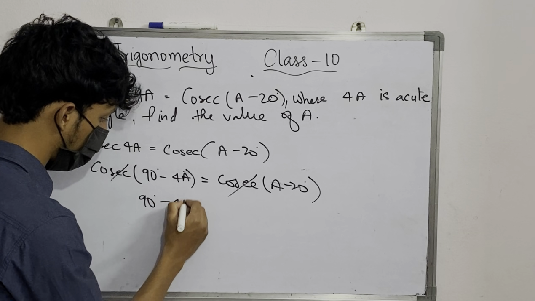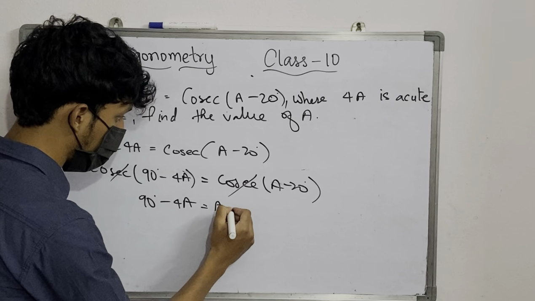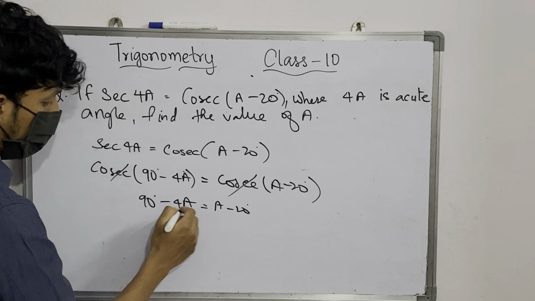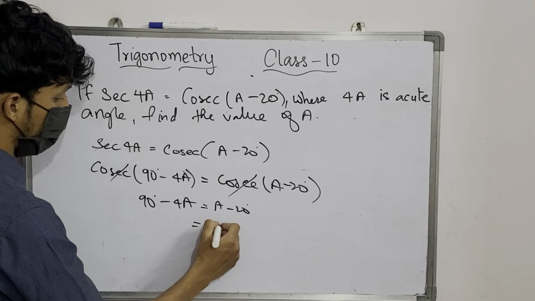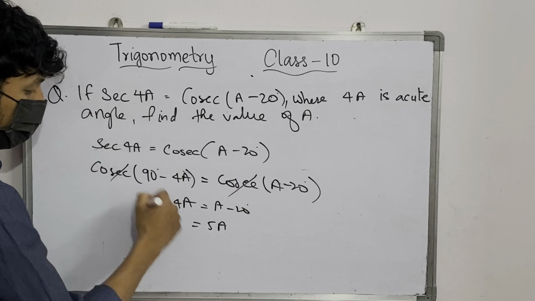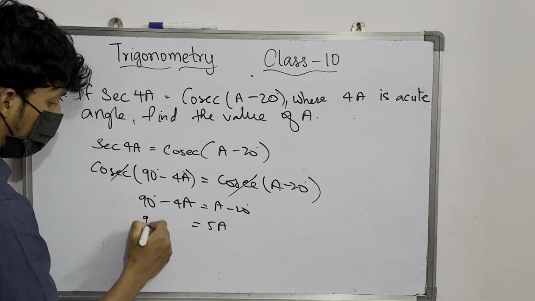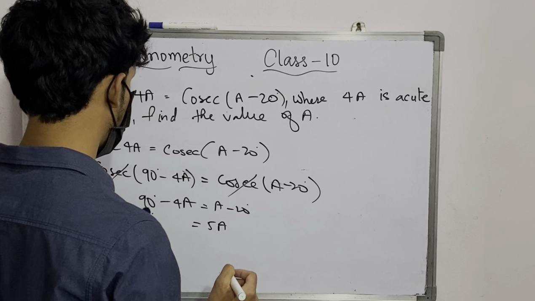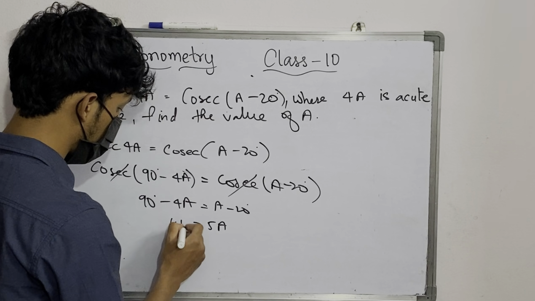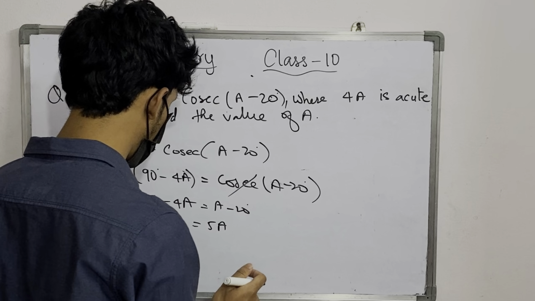90 minus 4a is equal to a minus 20 degrees. If we take 4a to that side, we get 5a, and if we take 20 to this side, we get 90 plus 20, which is 110, right?